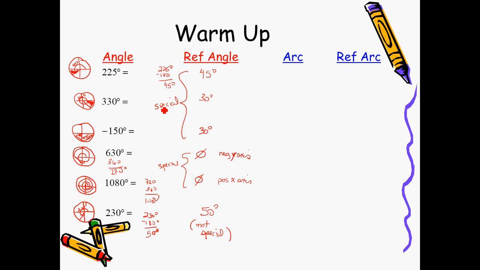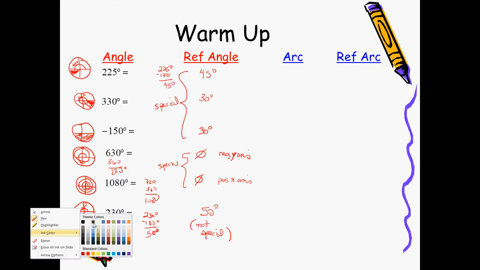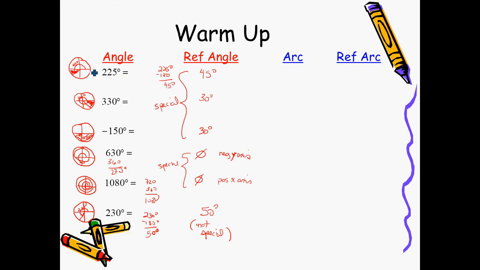Now let's talk about our arcs. Now remember, an arc is the same thing, we're just talking in a different language. If this is 225 degrees, the arc is measured along the circumference to the same place. That arc is 225 degrees. Remember the reference angle was 45 degrees.